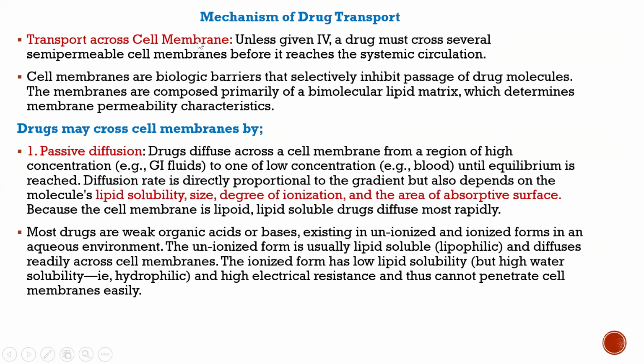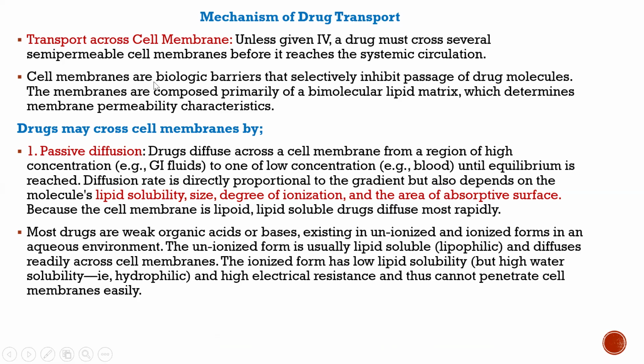Transport across the cell membrane: when a drug is given intravenously, it must cross several semi-permeable cell membranes before it reaches the systemic circulation, which I just explained is why most drugs given intravenously are 100% bioavailable for use, while other drugs given in other routes may not be 100% bioavailable. Okay, it's because they have to pass a lot of semi-permeable membranes. As they pass through the membranes, there may be degradation by enzymes, or there may be interactions that will limit the absorption rate, all right?